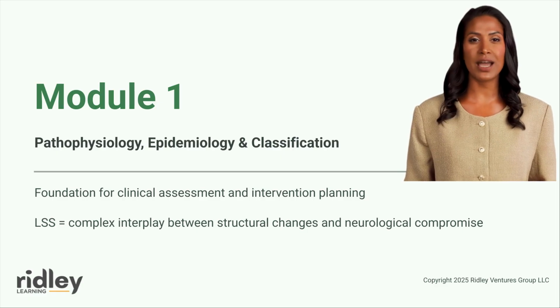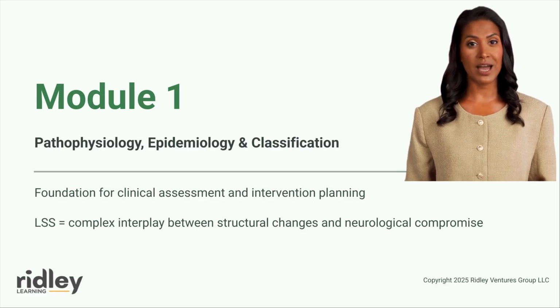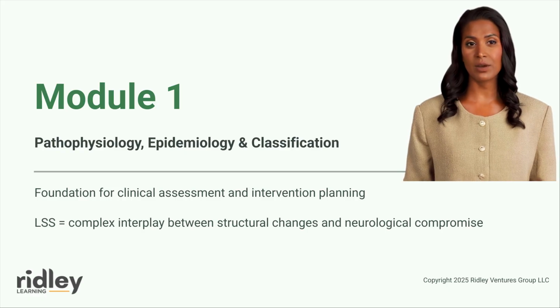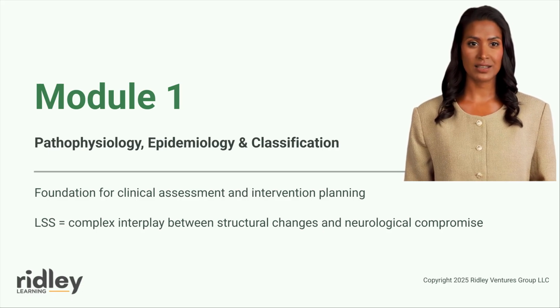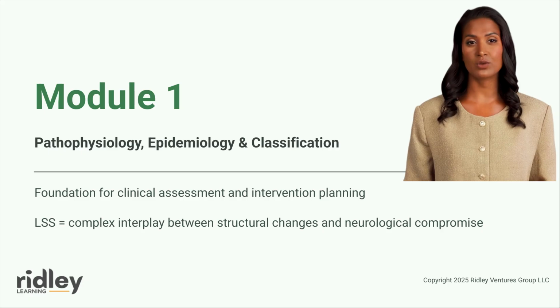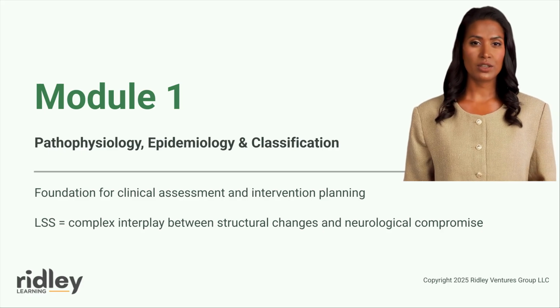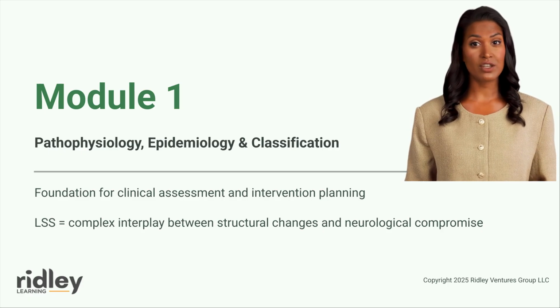Understanding the fundamental pathophysiology, epidemiological patterns, and classification systems for lumbar spinal stenosis provides the essential foundation for effective clinical assessment and evidence-based intervention planning. This module establishes the scientific basis upon which subsequent modules on clinical assessment, rehabilitation protocols, and outcome prediction are built.